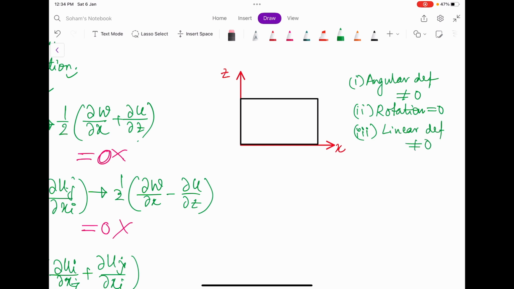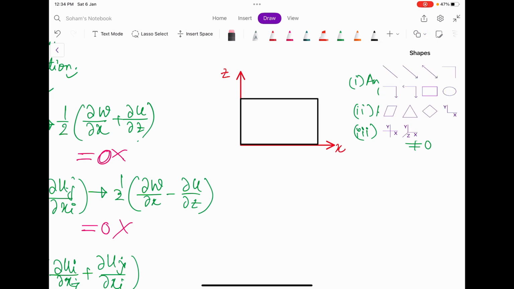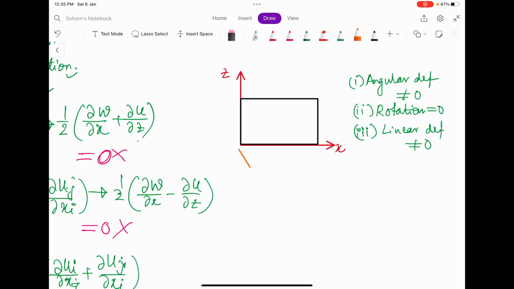Maybe this is the case. So angular deformation is not equal to 0, then this will deform like this maybe, and this will also elongate. So let me give some names. ABCD, so AB will have an angular deformation as well as some linear deformation.